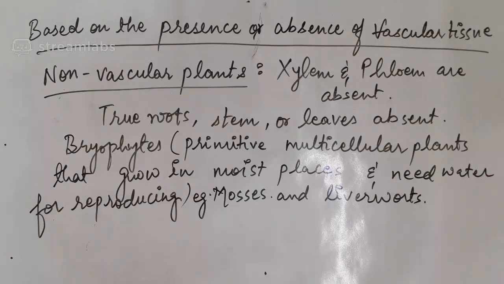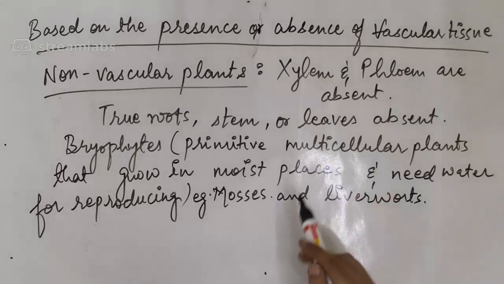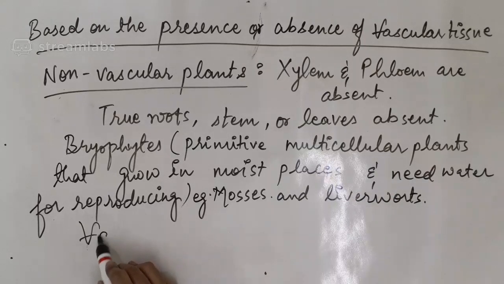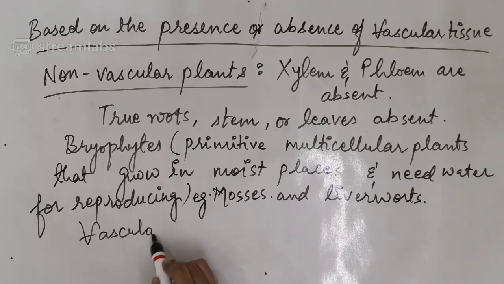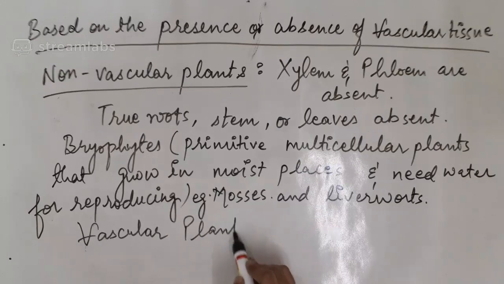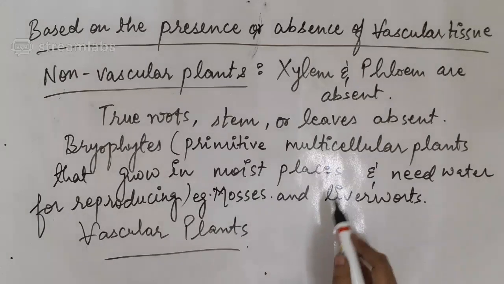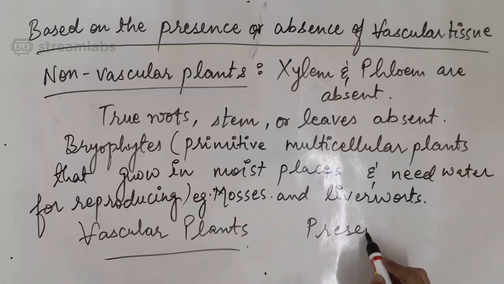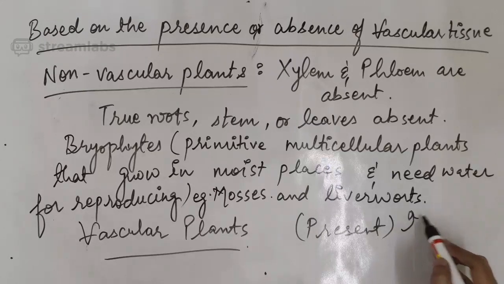And the plants that have all these things are known as vascular plants. Vascular plants have all these things present.